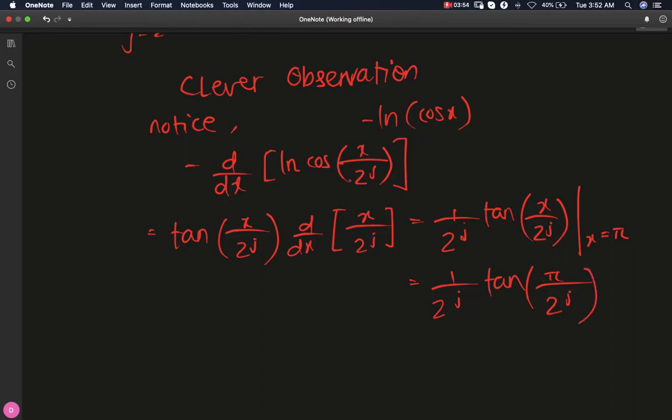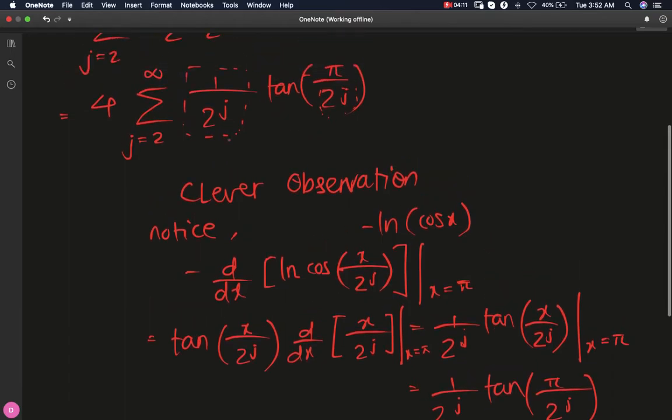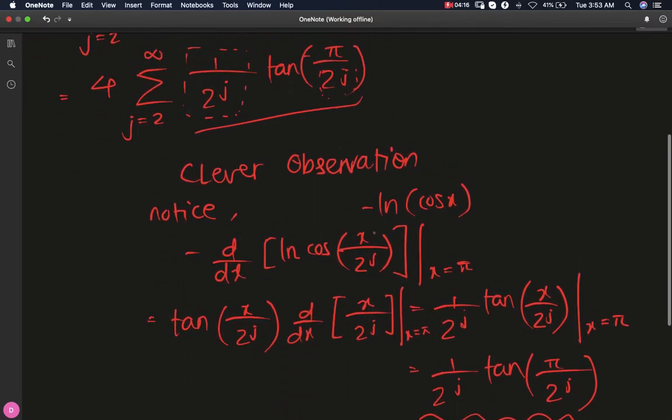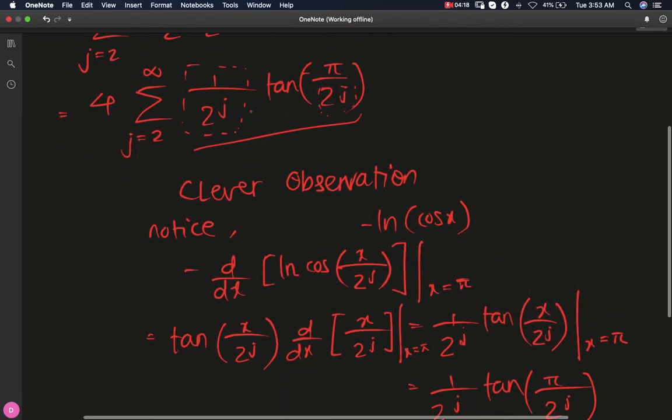So we can write this as taking the derivative with respect to x, and then after taking the derivative plug in pi. And notice what this thing is. This part is just a summand. So why not express this summand in terms of this derivative with respect to x, and then plugging in x equals pi after taking the derivative?